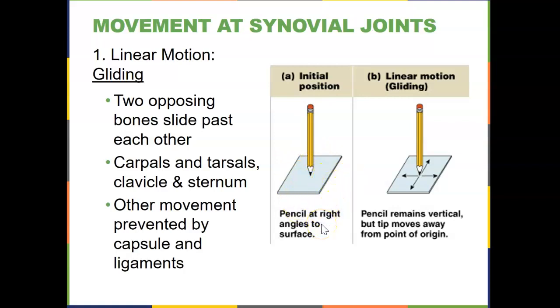The pencil remains vertical, but the tip is what moves. In this gliding motion, the bone itself doesn't move. It is the joint up where the eraser would be that allows this to move. The gliding or linear motion is introduced at the point of the joint.